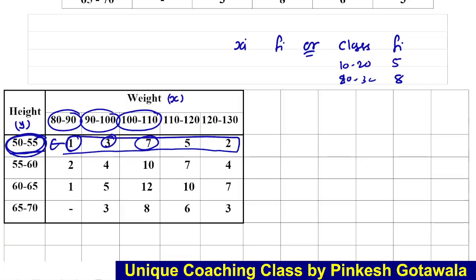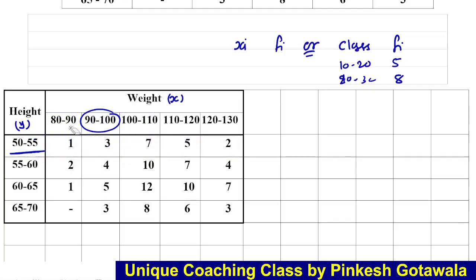But each person's weight is different. They have different weights but their height is the same. So if you total them, that becomes the frequency of this 50 to 55.